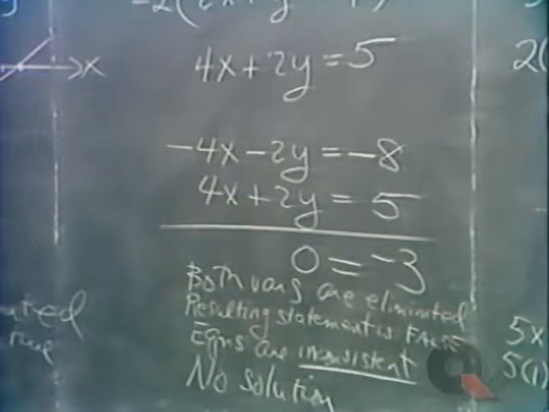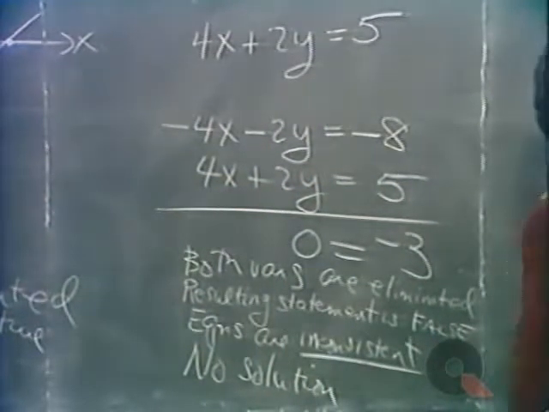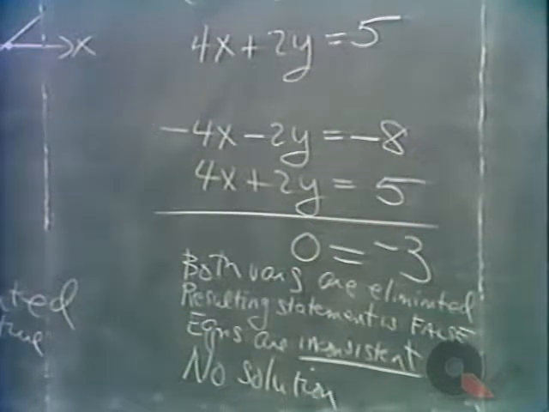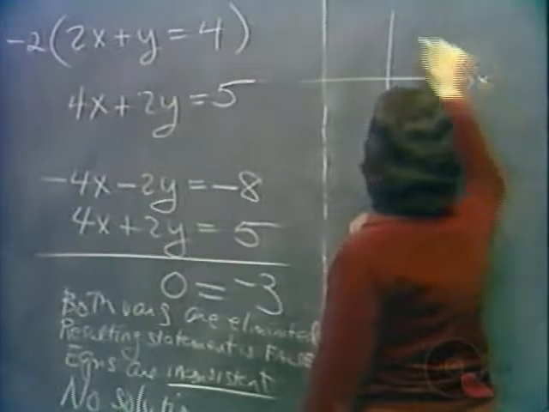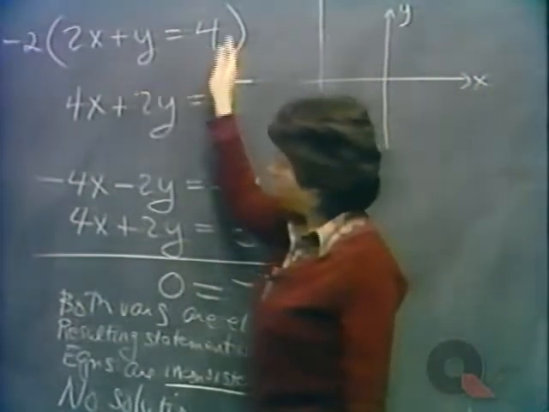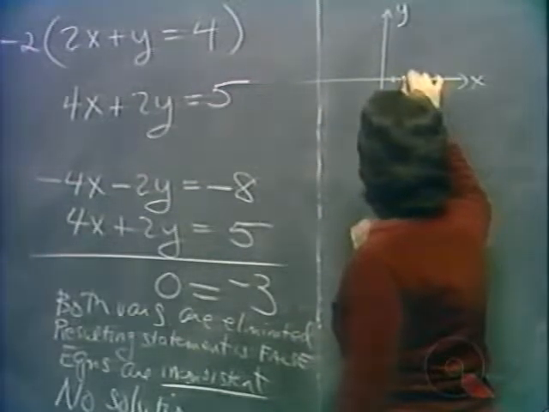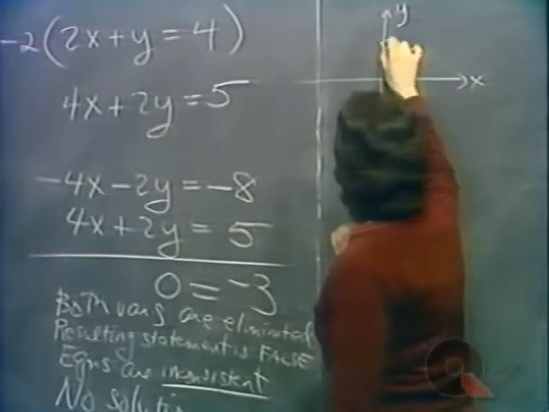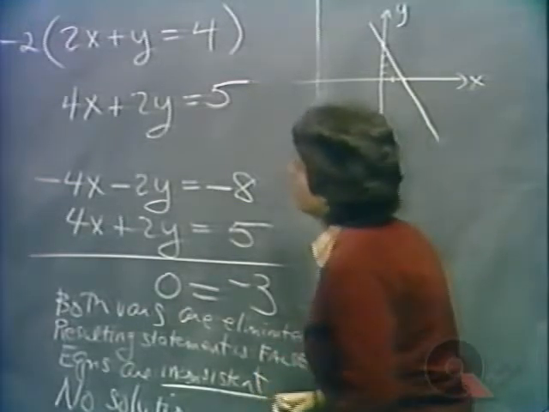And if you try to graph these lines, let's graph the two equations that we have. The top one, just using, say, intercepts. When y is 0, x is equal to 2. When x is 0, y is equal to 4. This is a graph of the top equation.